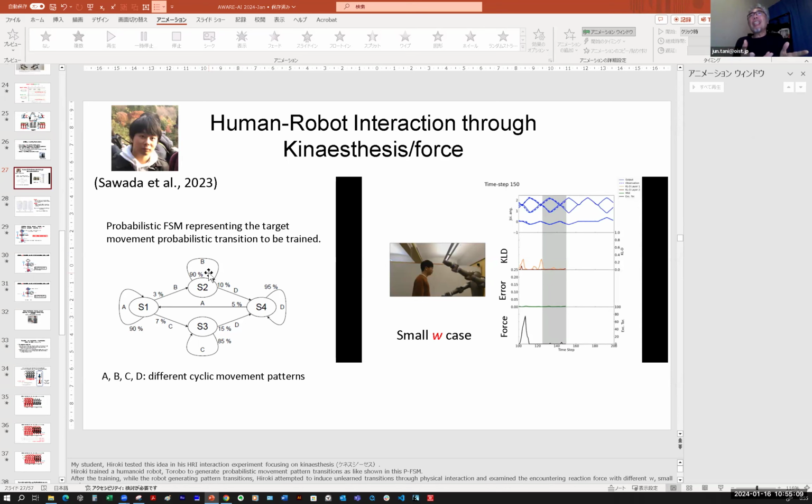You need the history of the past sequence in order to identify the latent variable. Also, today we couldn't show anything combining reinforcement learning with active inference, but we are working on it. Maybe you know Kenji Doya; I work together with Kenji Doya, who is very good at reinforcement learning.